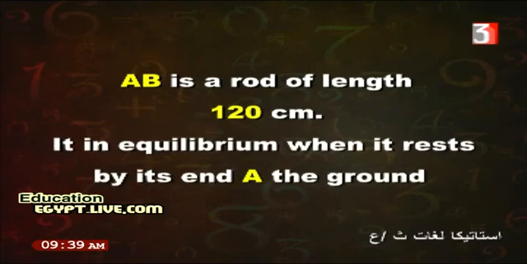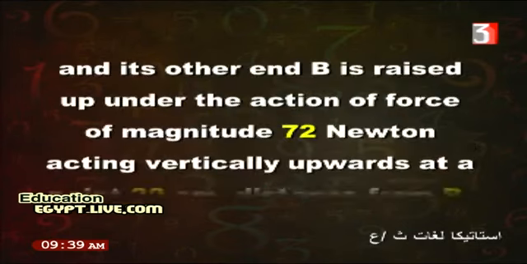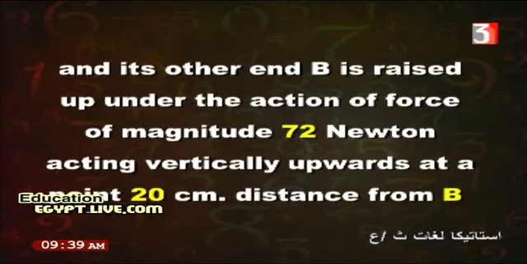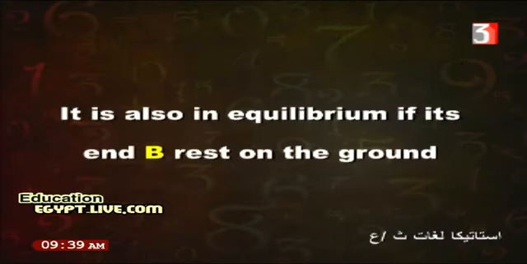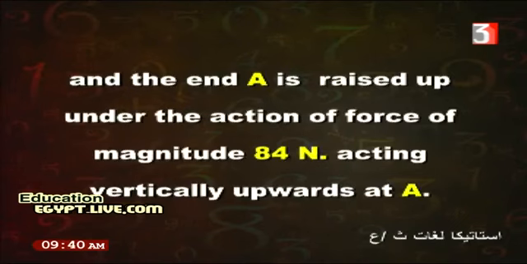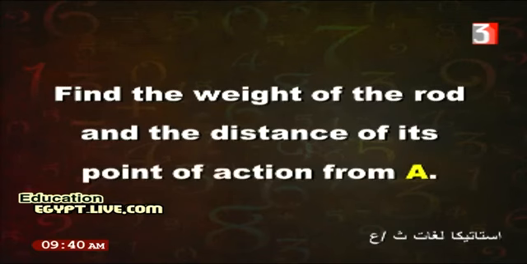It is in equilibrium when it rests by its end A on the ground, and its other end B is raised up under the action of a force of magnitude 72 Newton acting vertically upward at 20 centimeter distance from B. It is also in equilibrium if its end B rests on the ground and the end A is raised up under the action of a force of magnitude 84 Newton acting vertically upward at A. What is required?